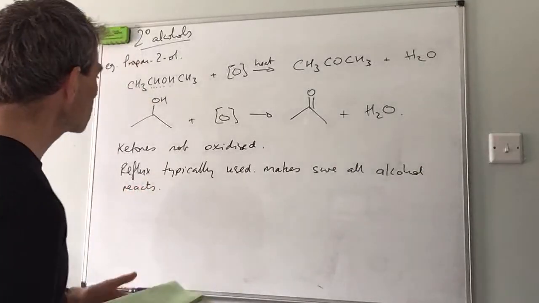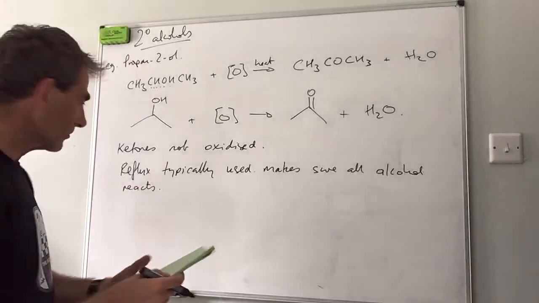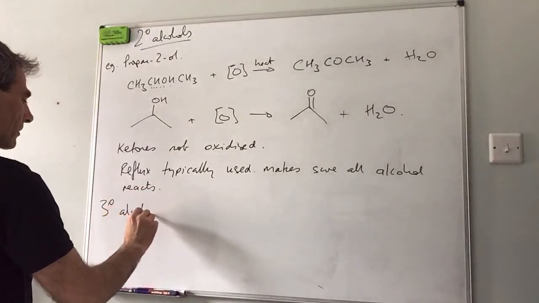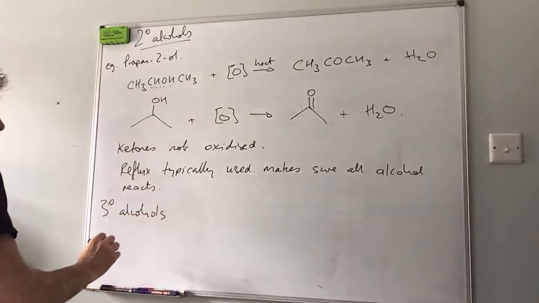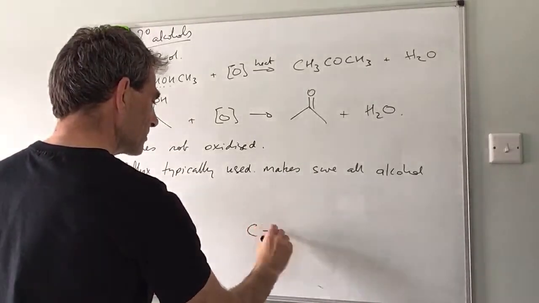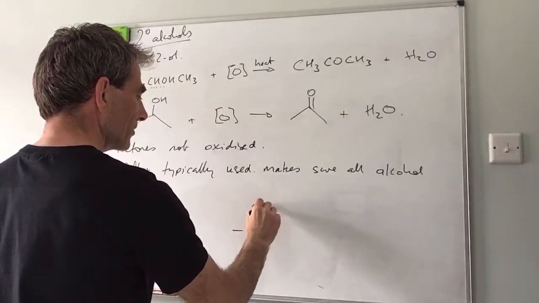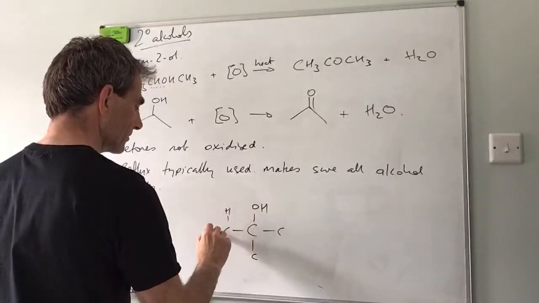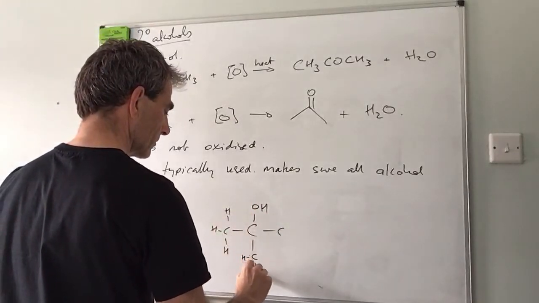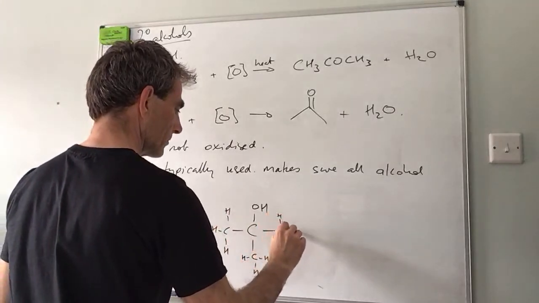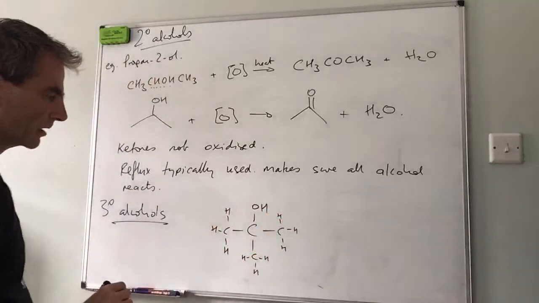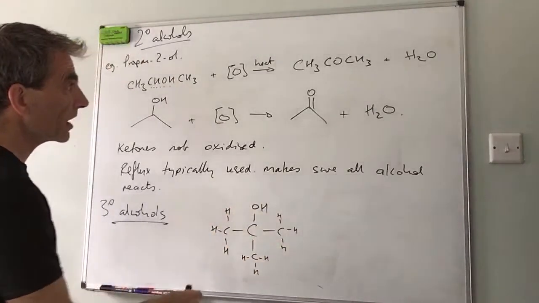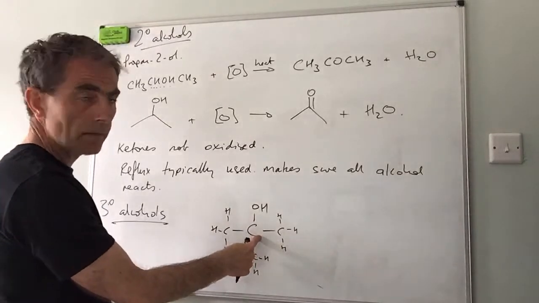Okay, and that's that. And then tertiary, just very quickly, if I just quickly draw a tertiary alcohol, so let's make that the OH carbon, we need 3 carbons on there. So we'll just make these methyl groups. Like that, okay? So you can see that these aren't oxidized, and the reason is because there's no hydrogen on this carbon, okay?